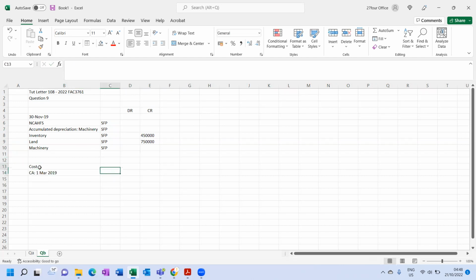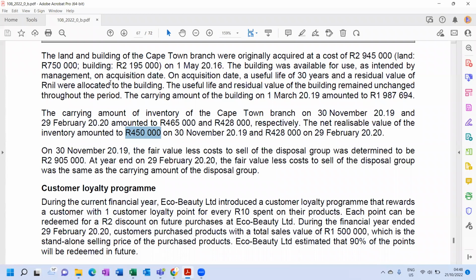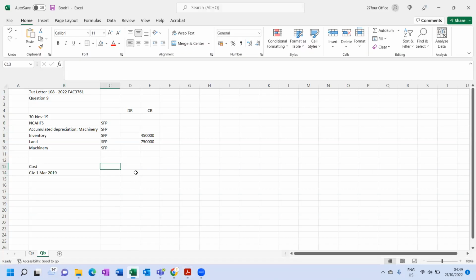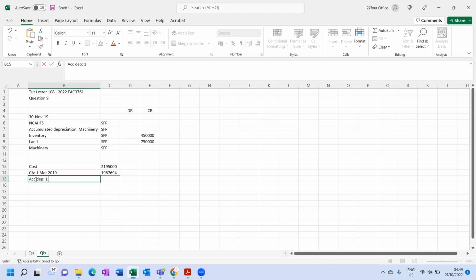The cost of the machine is 2195,123, and the carrying amount on 1 March is that amount over there. Therefore we can get accumulated depreciation at 1 March 2019.